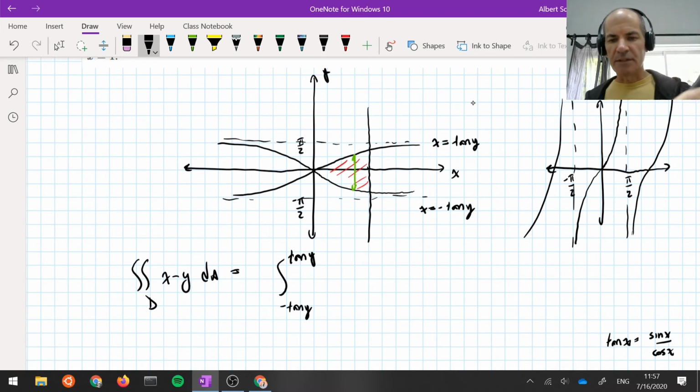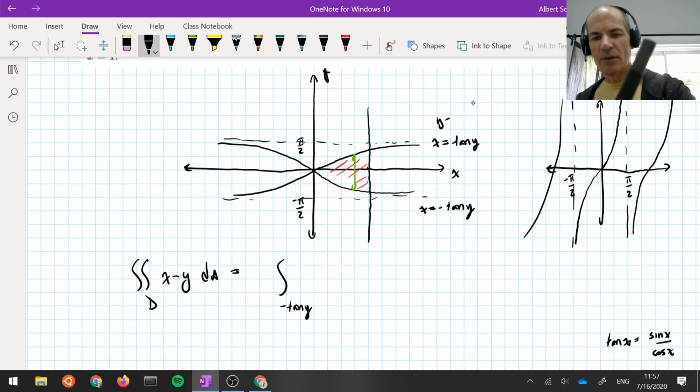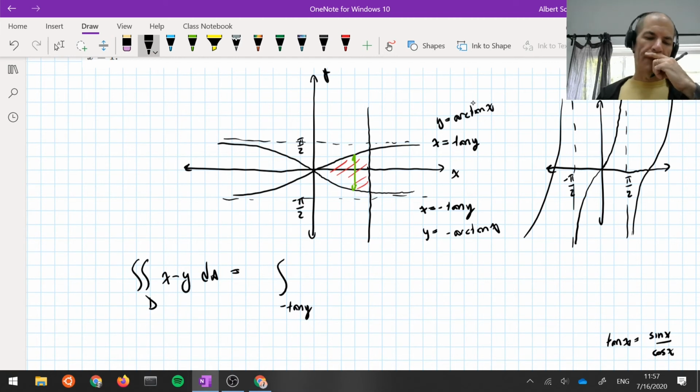I've got to be careful here. I've got to solve for y in terms of x. That's unusual. Okay, so solving for y in terms of x, y equals arc tan x, and y equals minus arc tan x, like that. Alrighty.